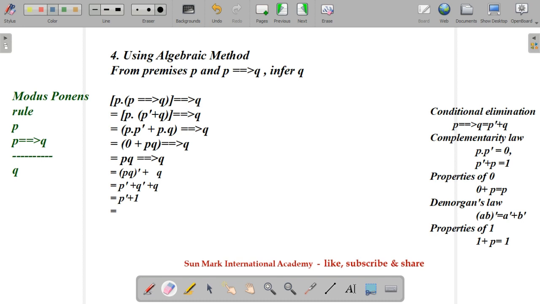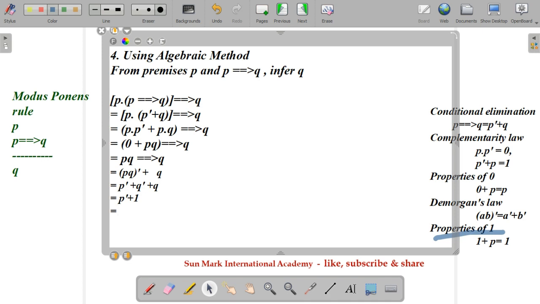The property of 1 is 1 plus P equal to 1. So here we substitute P dash plus 1 equal to 1, by the properties of 1. So hence we have drawn the conclusion as Q.